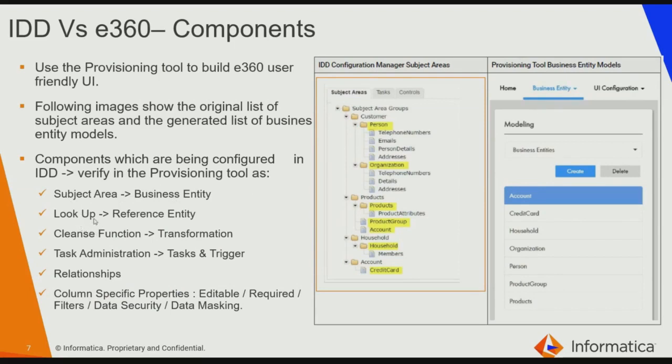We were using lookups in subject area configuration. Now we use reference entities, cleanse functions, and transformations for similar functionality in business entity modeling. Task administration becomes tasks and triggers in business entity modeling.